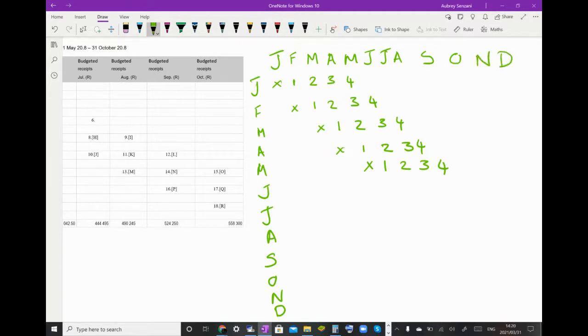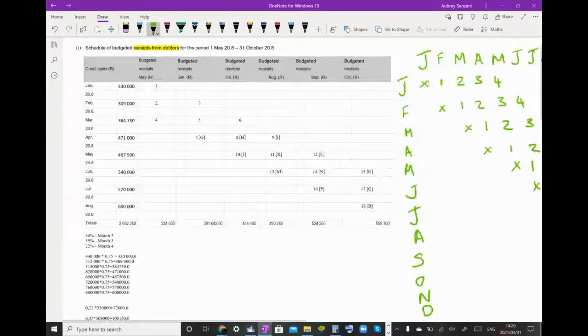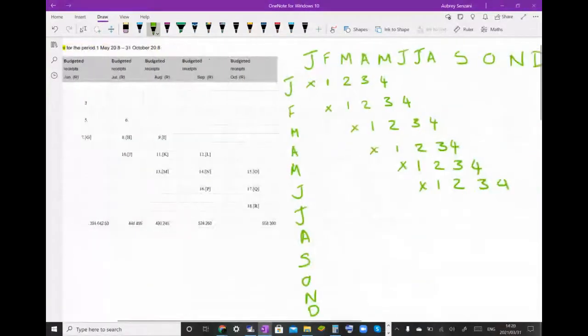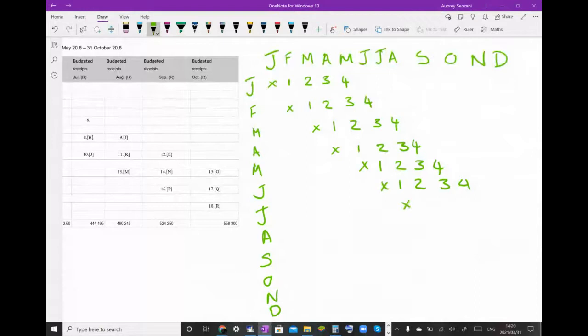Okay, so then from here, we don't count June. We say July, August, September, October. Okay, and how far along did we go? We go all the way till August, okay? So here we say no July, we say August, September, October, and then November.